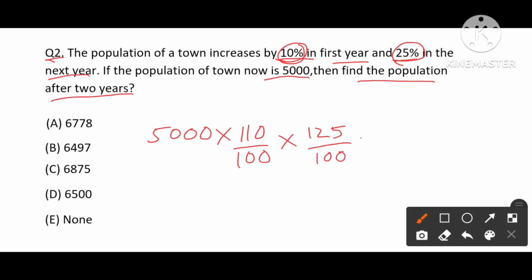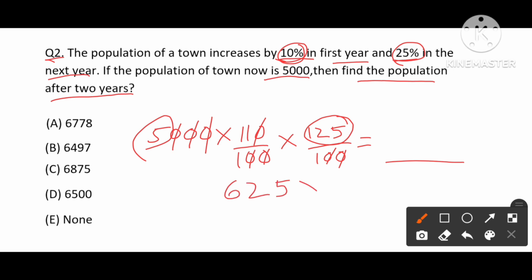Okay. So this is the question that is asked. Here triple zeros, double zeros and a 0. This 0 and this 0 cancel. So totally we have 125 into 11 into 5. So 5 into 125, which will be 625.